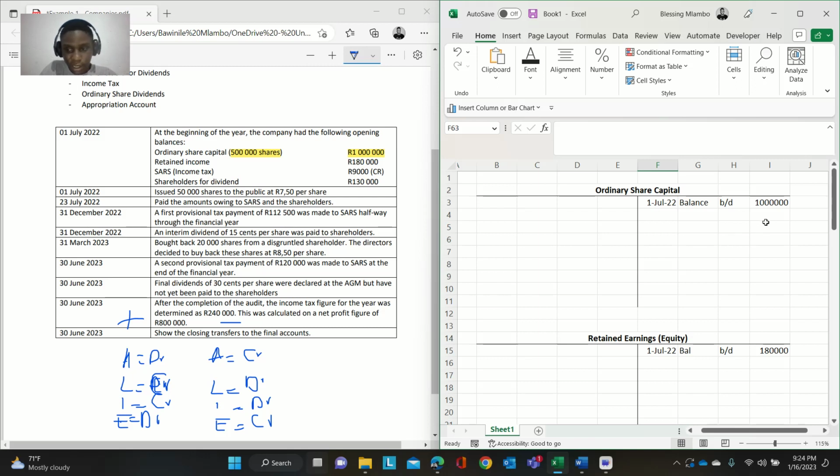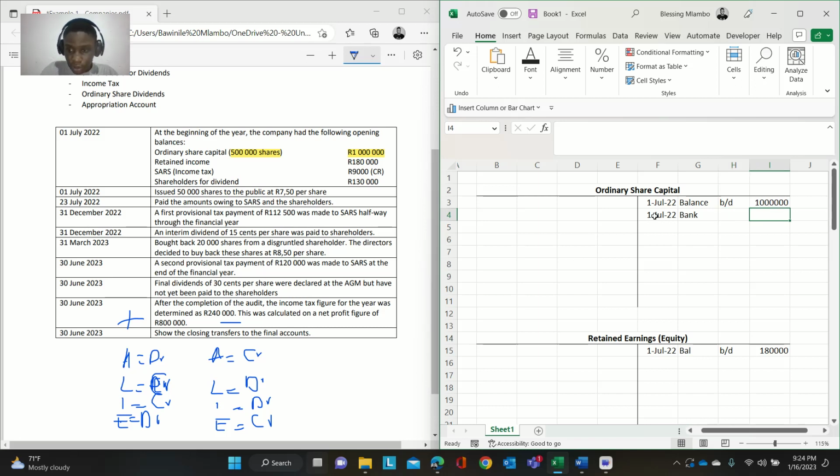It is credited. So we're going to credit ordinary share capital on the 1st of July 2022, and then we're going to say bank, because when we issue out these shares, we're receiving cash from the shareholders.